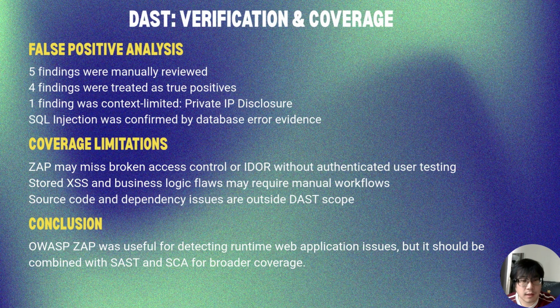Also, ZAP cannot inspect source code or dependencies. Overall, OWASP ZAP was useful for testing the running web application, but it should be used together with SAST and SCA for better security coverage.